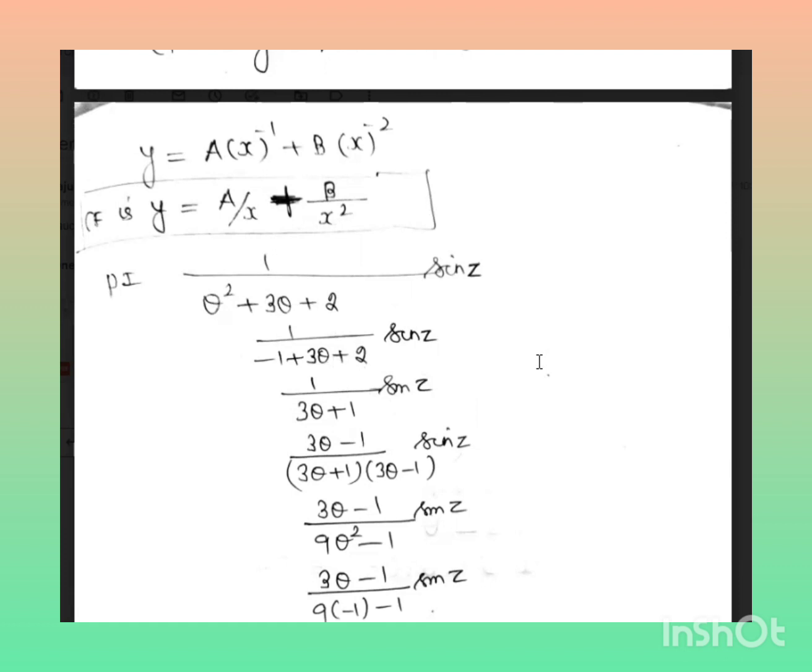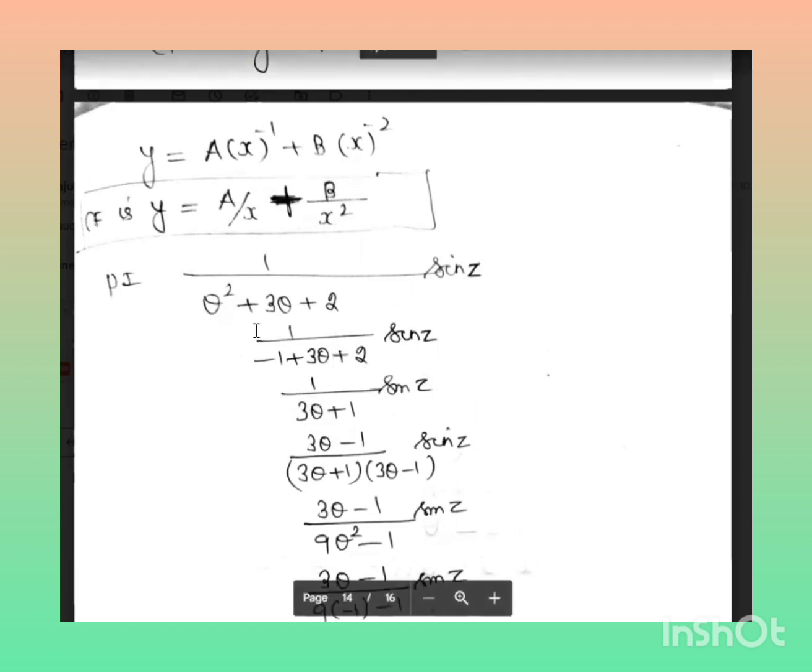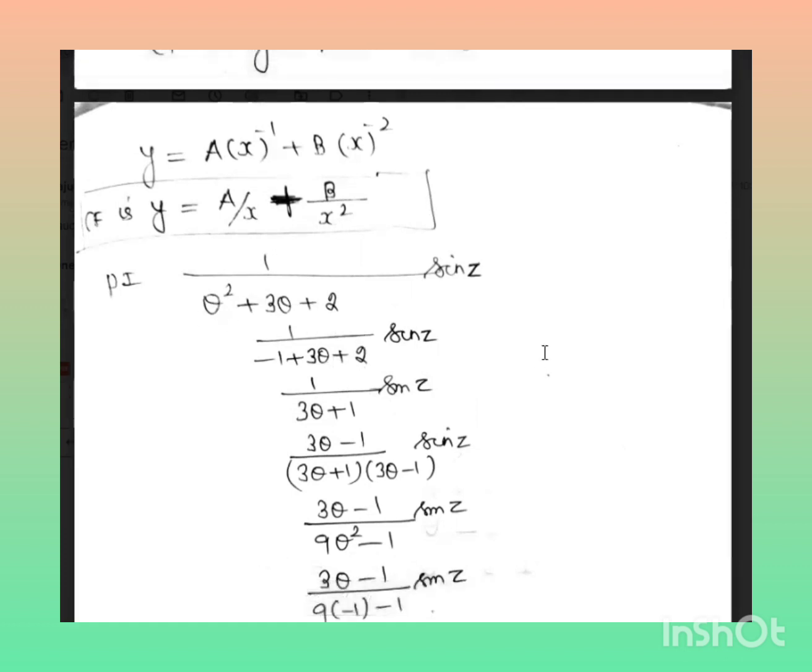Theta square is equal to, with sin z, how to solve? Theta square is equal to minus, separately within the bracket you have to write the coefficient of z in sin z. What is the coefficient of z? Only 1.